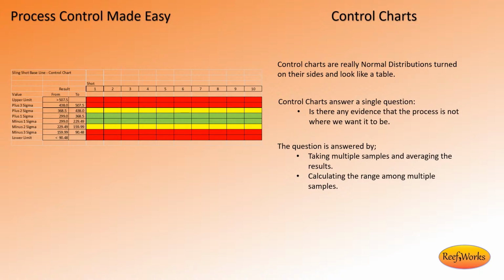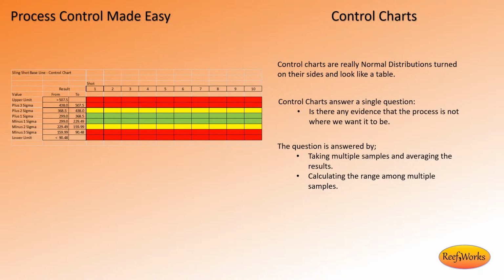The question is answered either by taking single or multiple samples, and when you take multiple samples, you average to get the results. So you're working with a double average, the average of averages, and then calculating a range among multiple samples, which in a continuous process is really the way to go.